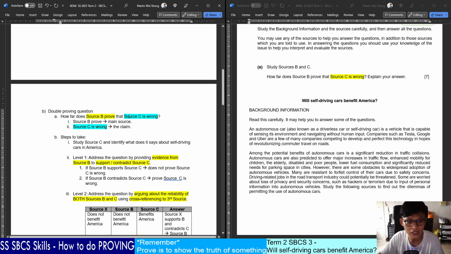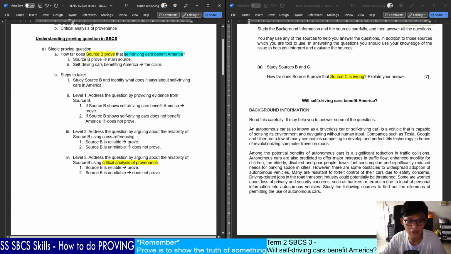Source B is the one doing the proving, so naturally source B would still be the main source, and then the statement "source C is wrong" becomes the claim. So these are the two different types of proving question. Let us take a look at how to answer these questions one by one.